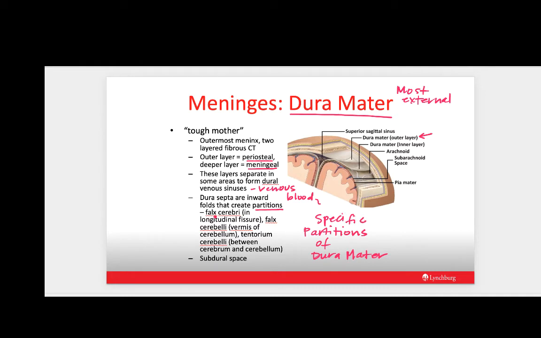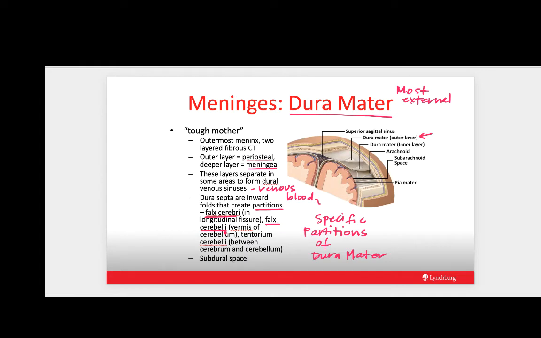Okay, and the first one is going to be the falx cerebri, and that's located in the longitudinal fissure in between the left and right hemispheres. The second one is the falx cerebelli, and that's going to be located in the vermis of the cerebellum. And if you remember, that separates the cerebellum into 2 lobes.